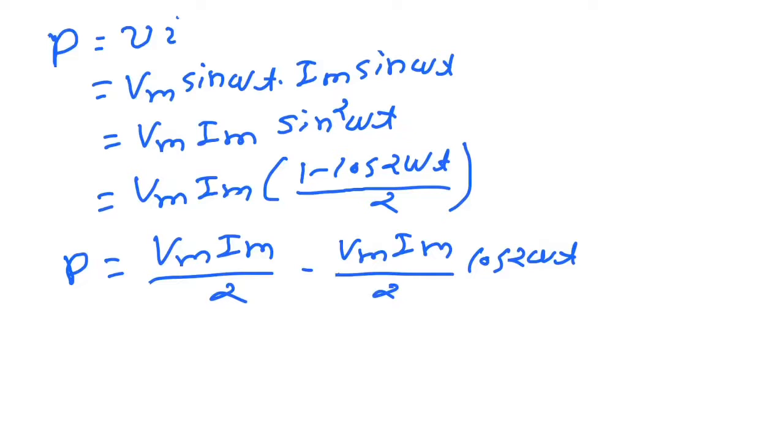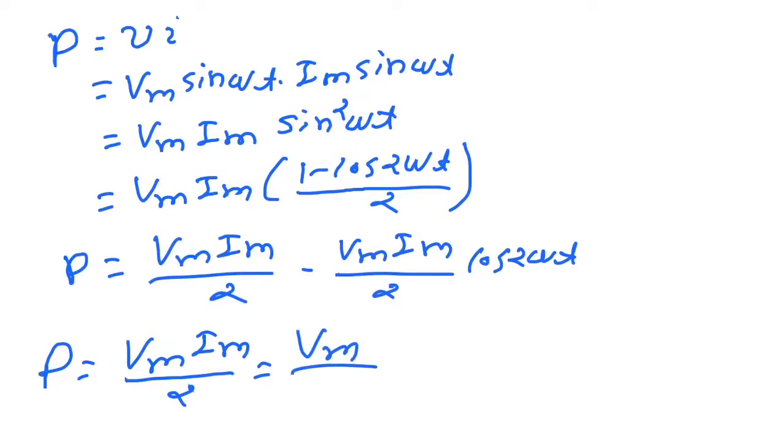So the average value of power P is given by Vm Im divided by 2. So it is equal to Vm by root 2 into Im by root 2. Vm by root 2 is the RMS value of voltage and Im by root 2 is the RMS value of current. So it is equal to V into I.